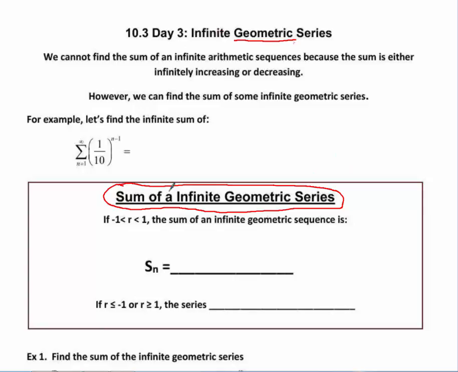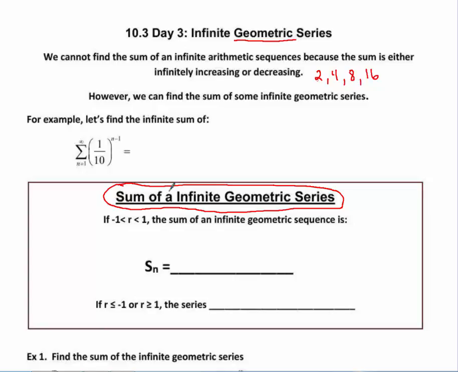Now, an infinite geometric series is one that goes on forever. So you might think, well, how can we find the sum of that? Because we can't add up everything if it goes on forever. But if you take a look at this example right here, a series like this goes 2, times 2 is 4, times 2 is 8, times 2 is 16.